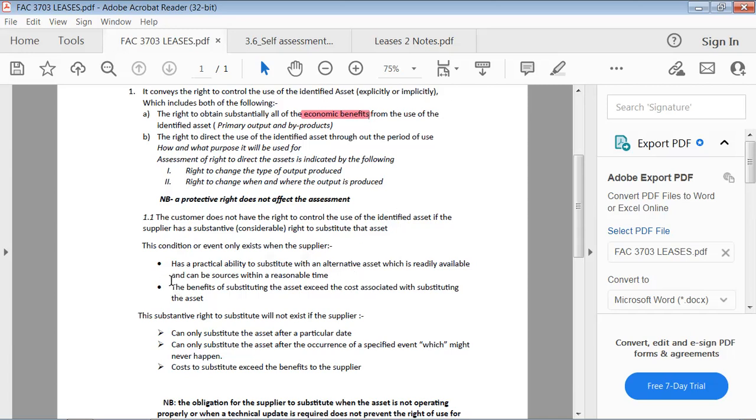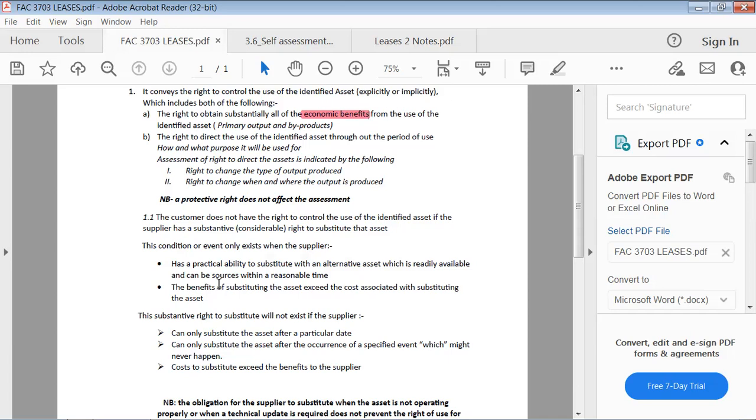Then we've got the second point. The benefit of substituting the asset exceeds the costs associated with substituting the asset. Meaning if the supplier stands to benefit when he substitutes, for example if I'm taking away the black Mercedes-Benz because I want to use it to carry more executive customers, that will give me more money.